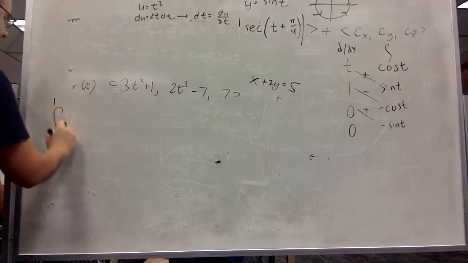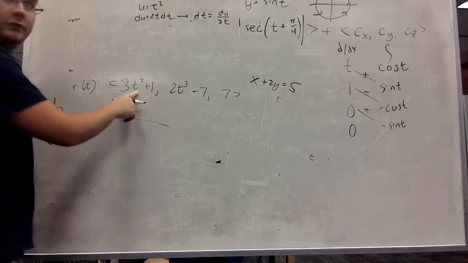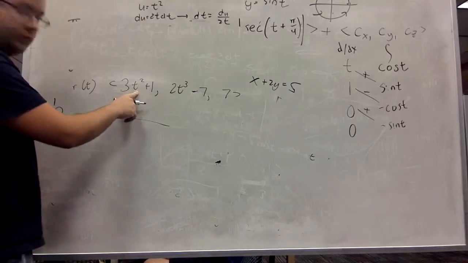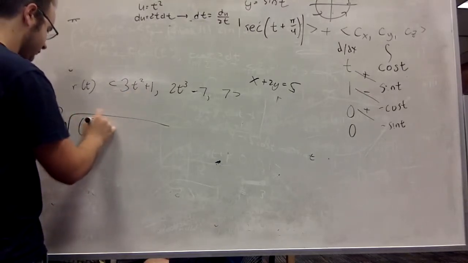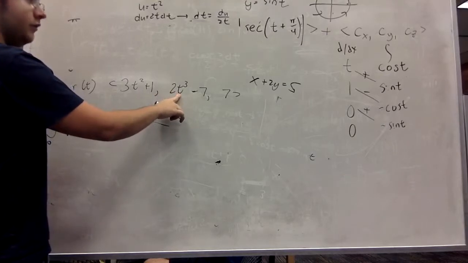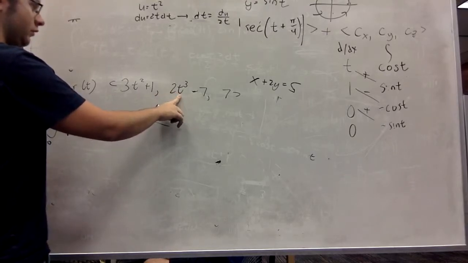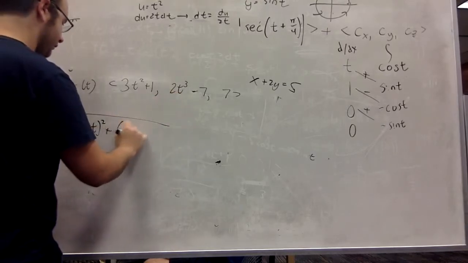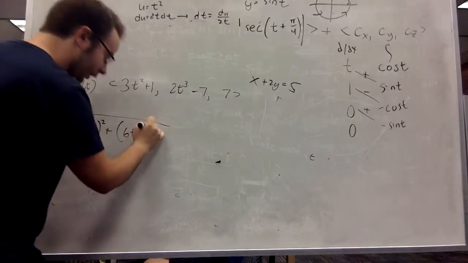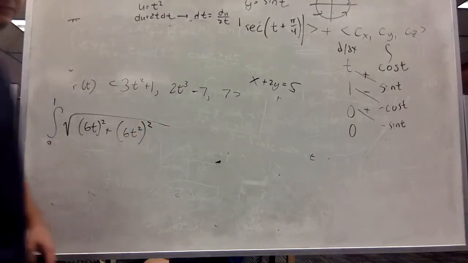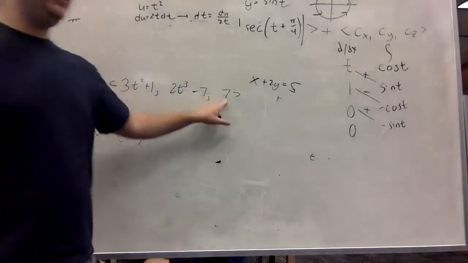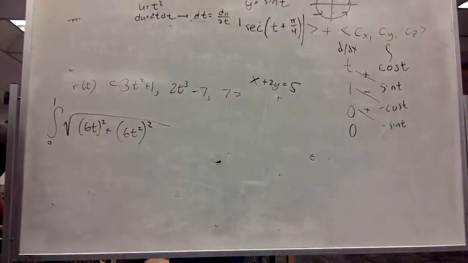Integrate 0 to 1, square root of, what's the derivative of this guy? 6t. What's the derivative of this guy? 6t squared. Squared. What's the derivative of 7? 0. Okay, so then we have dt.